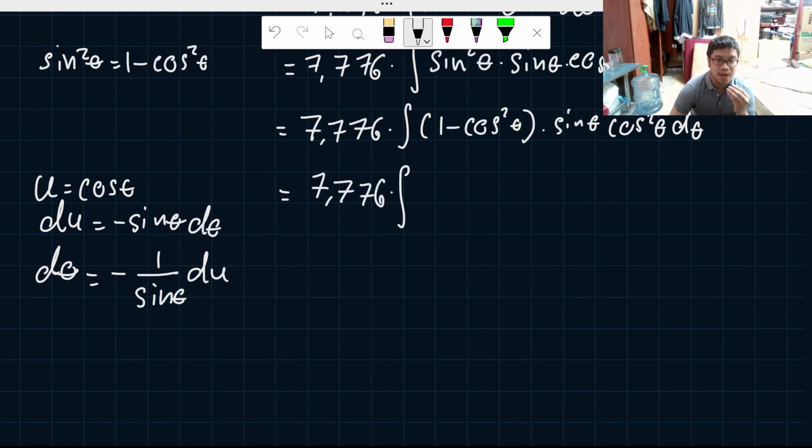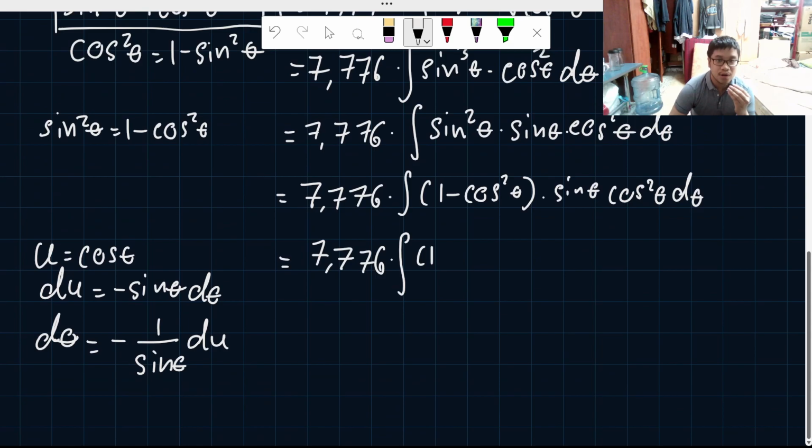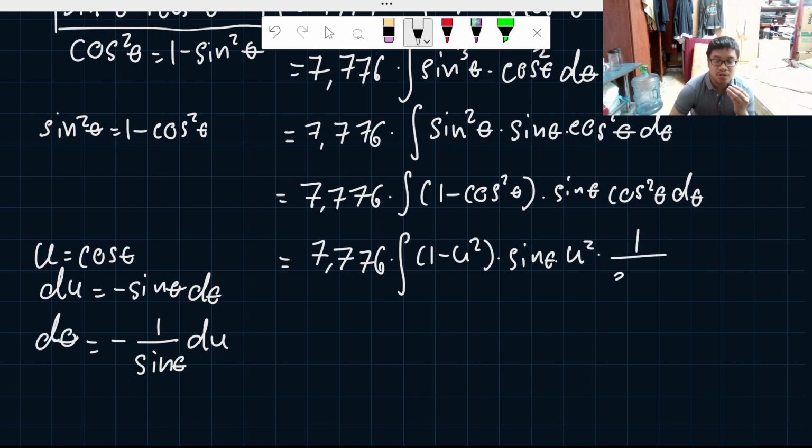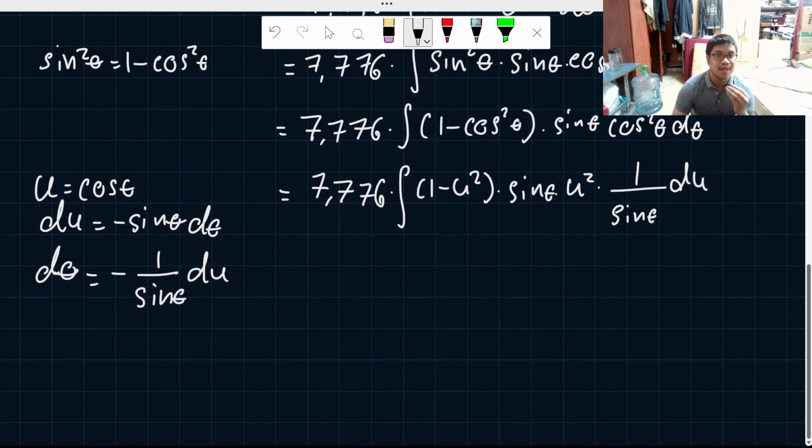Okay? So you will have the integral of 1 minus u squared times sine theta times u squared times 1 all over sine theta du. Okay? So now we can simply cancel. Oh wait, by the way, this is negative. I forgot.